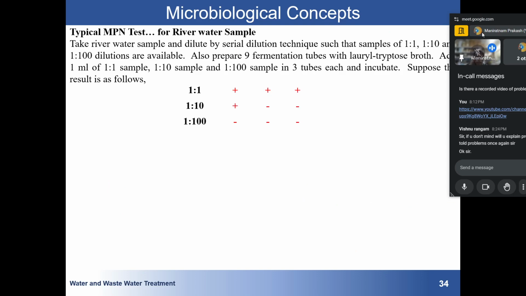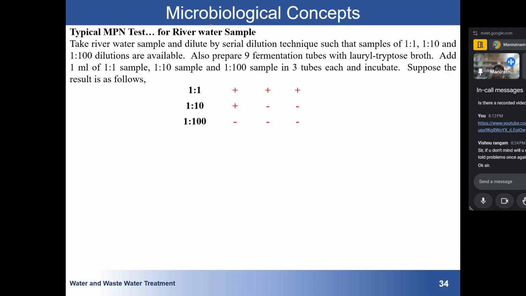Now suppose I perform the experiment with this much dilution: the original sample was taken, 10 times dilution was done, 100 times dilution was done. After the experiment you find that for the original sample, gas was collected in all tubes; for 10 times dilution only one tube gave a positive result; and for 100 times dilution no tube gave any result.